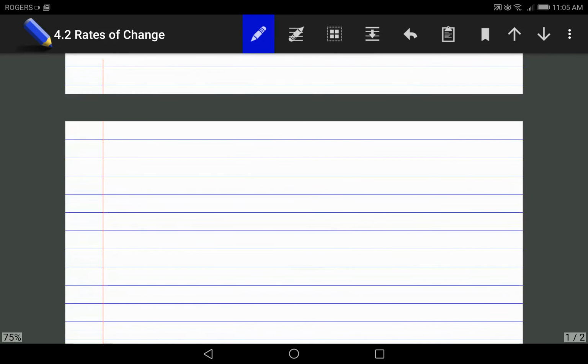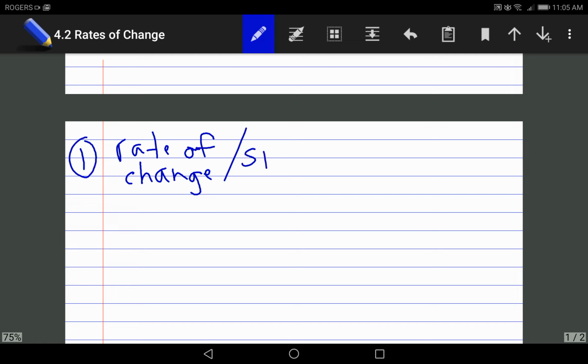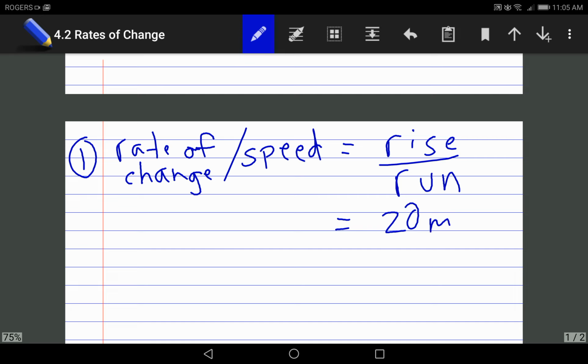So our rate of change, and this is for line 1, by the way. Our rate of change, or our speed in this case, is equal to the rise over run, which is 20 meters divided by 2 seconds.